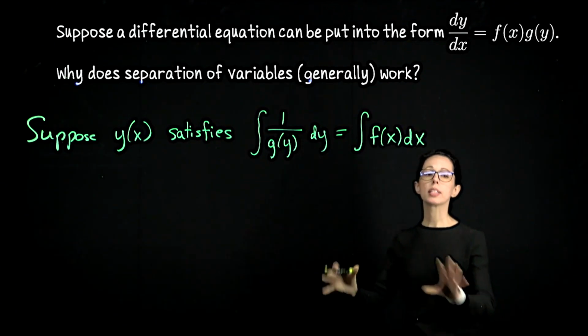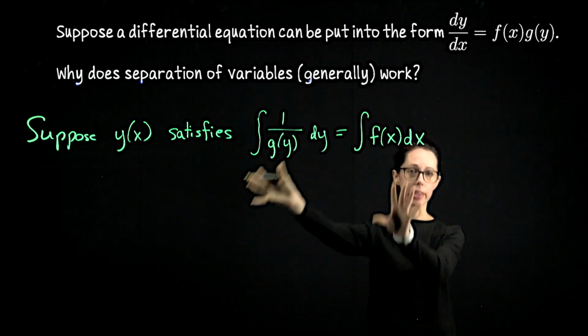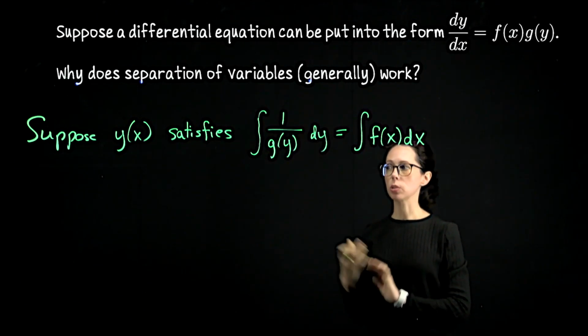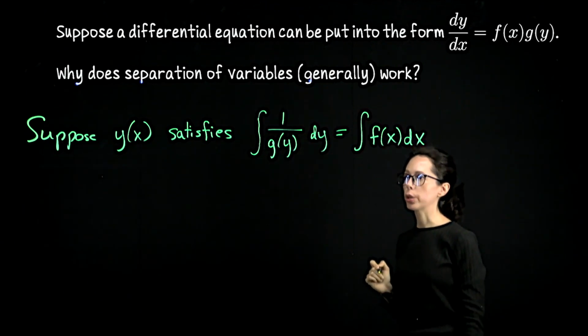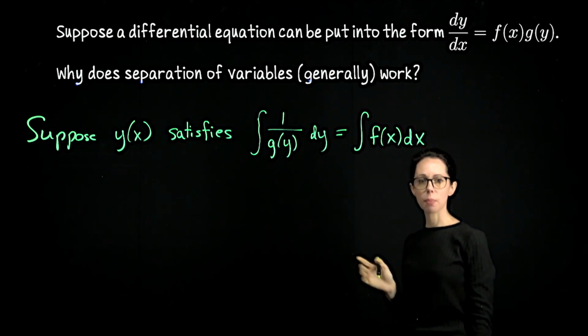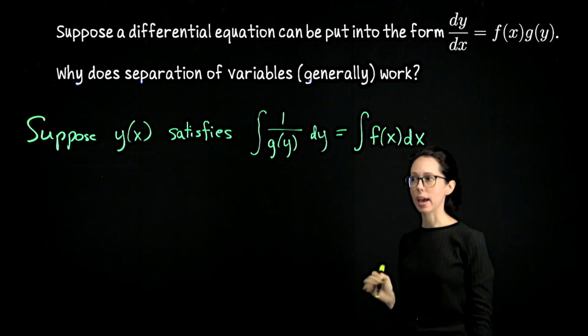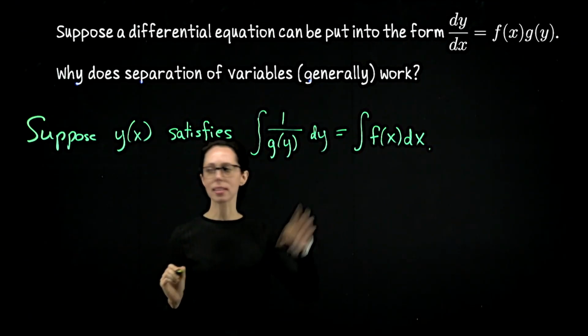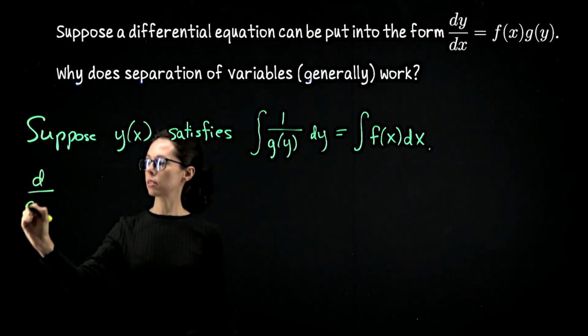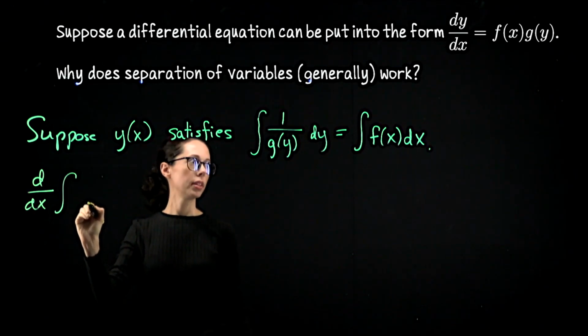Okay, suppose that y satisfies this, because that's what we get when we do separation of variables, is we get a function that makes this true. It will make the original differential equation true, and to see that, let's differentiate both sides of this equation with respect to x. So let me start with the right-hand side. I'm going to do d dx of the integral of f of x dx.